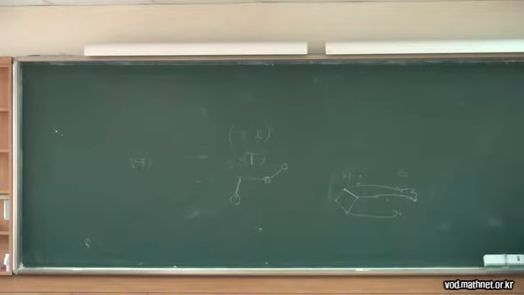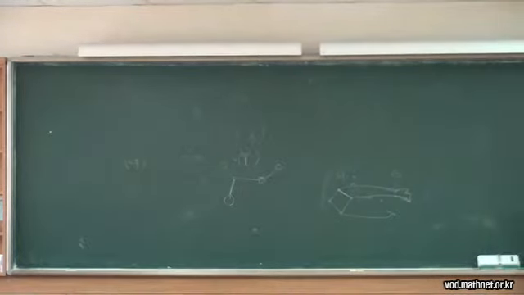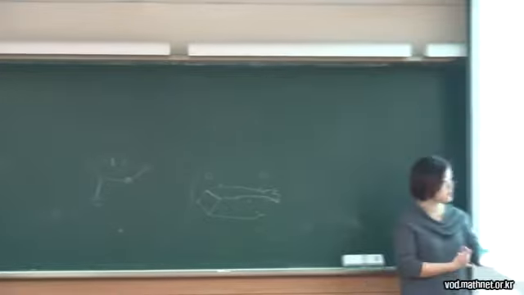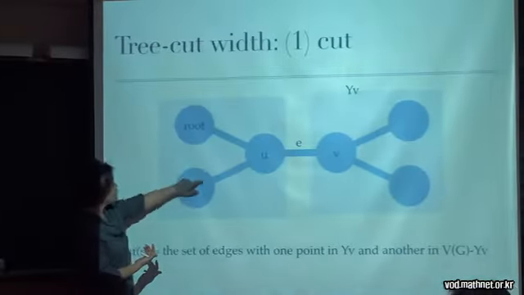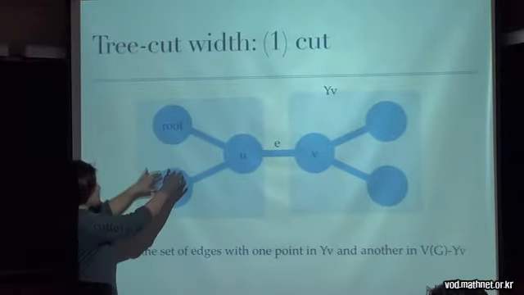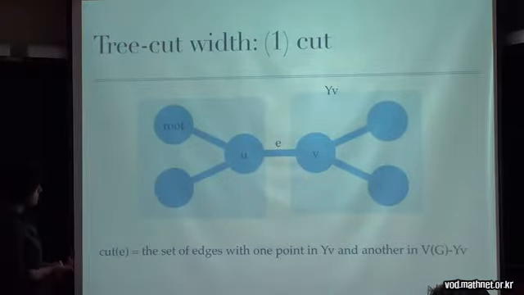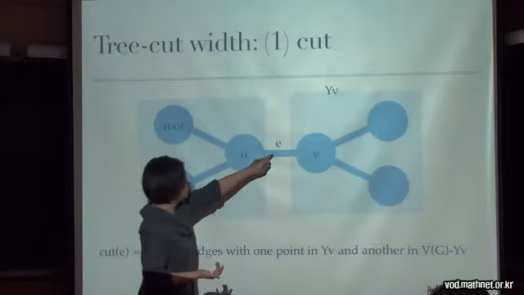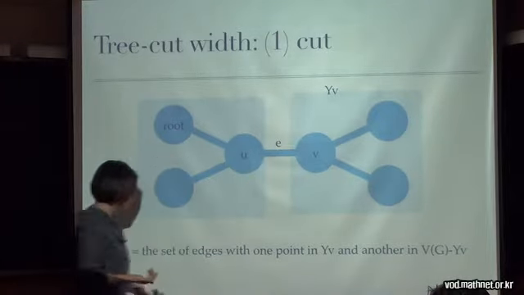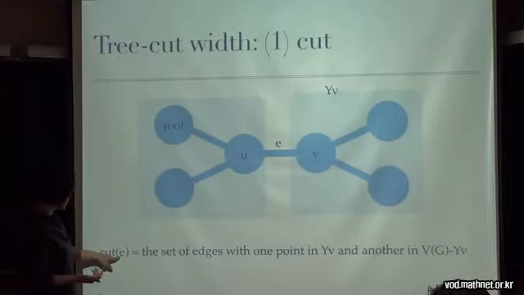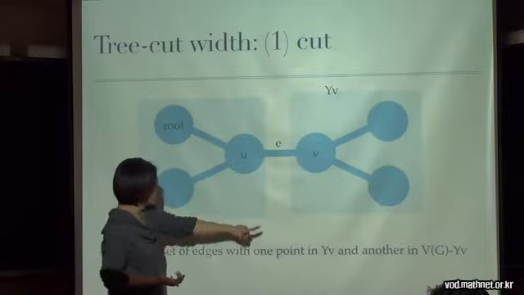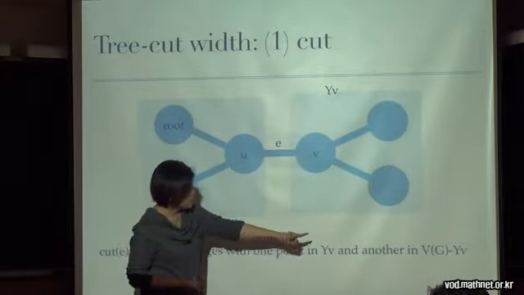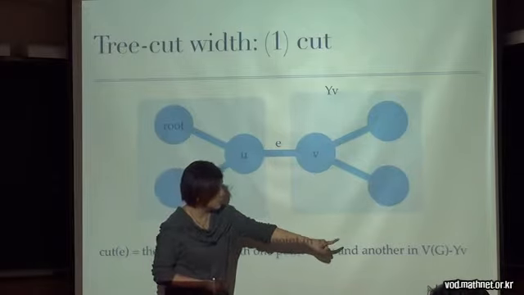So what is a cut? This blue thing is a tree decomposition, and I didn't draw the vertices of V of G, but you can imagine that they are hidden. Pick an edge e of the tree, and I define the cut of e as the set of edges with one endpoint in Y(u) and another endpoint in V(G) minus Y(u).